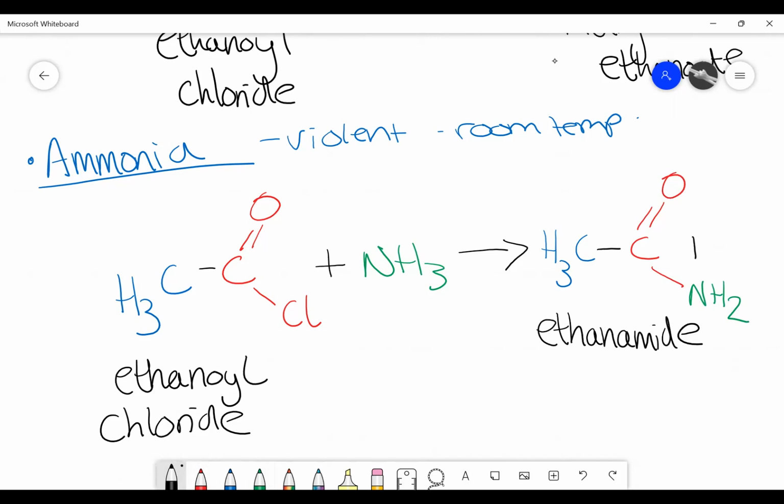And as per usual, we're left then with hydrochloric acid, hydrogen from the ammonia, and then the chlorine from the ethanoyl chloride. And then the other thing we can make, well, the final thing that we can react acyl chlorides with is primary amines.